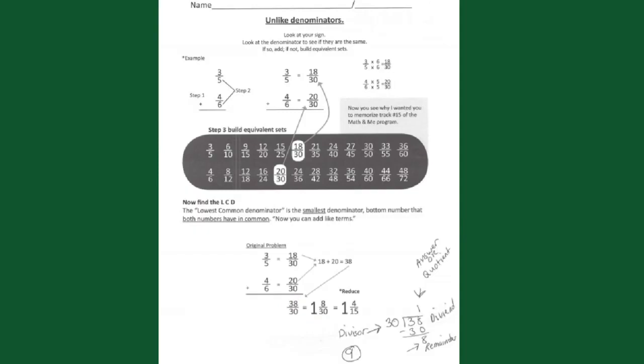Now, 38 over 30. I divide the denominator into the numerator. The dividend is 38. The divisor is 30. The quotient is 1. And the remainder is 8. So now 38 divided by 30 is 1 and 8 over 30.